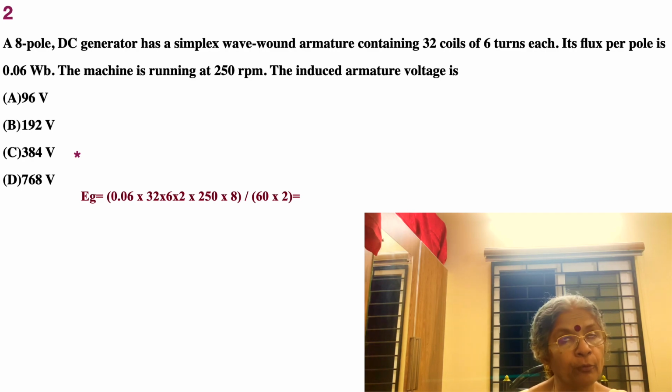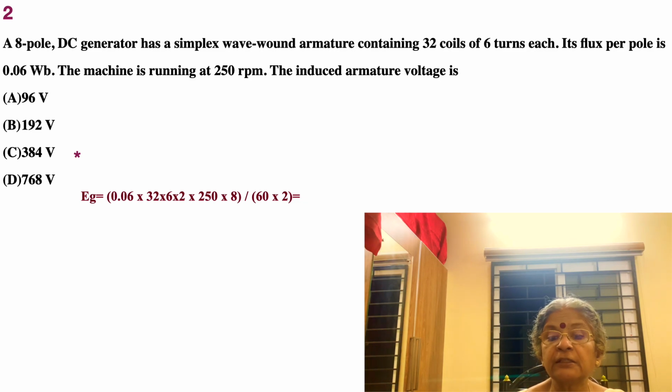So 8 pole, so immediately, an 8 pole DC generator. Remember, it has a simplex wave winding, so A is equal to 2, containing 32 coils. How many turns are there? 6 turns are there. So 32 into 6 into 2 gives you the number of conductors Z, because 32 coils means each coil has 6 turns, and each turn has 2 conductors.